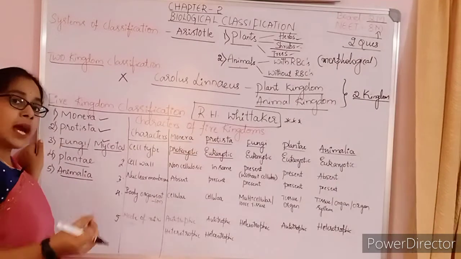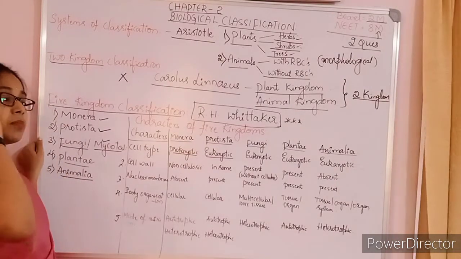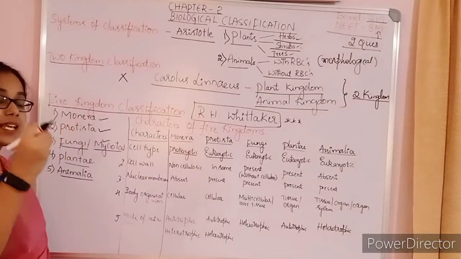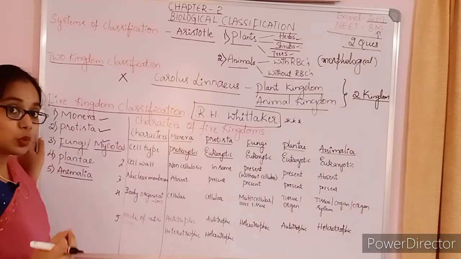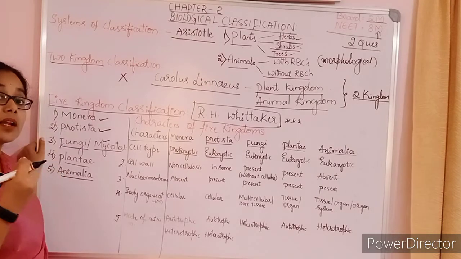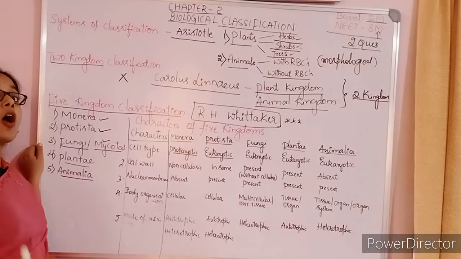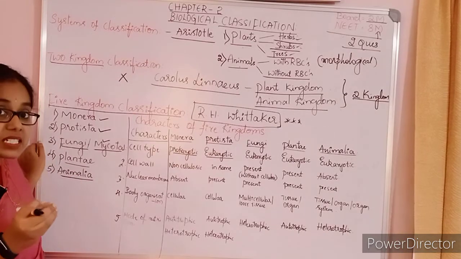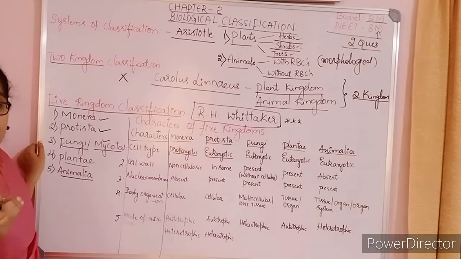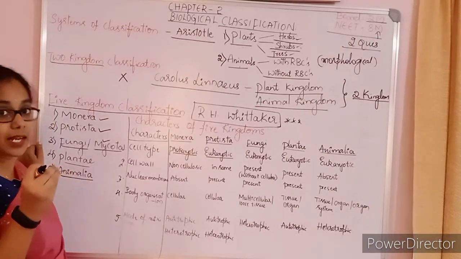That means eukaryotic cells have membrane-bound organelles. Do you remember those membrane-bound organelles? It may be Golgi complex, a nucleus, mitochondria, endoplasmic reticulum, ribosomes, rough endoplasmic reticulum. Yes, all these membrane-bound organelles can be seen in eukaryotic organisms, right?